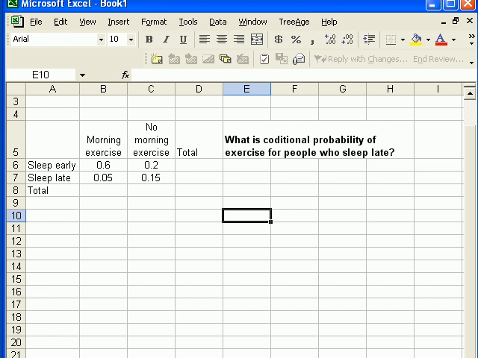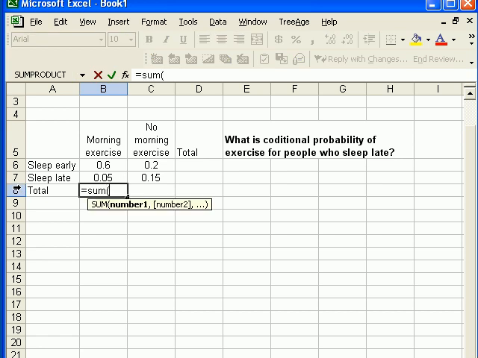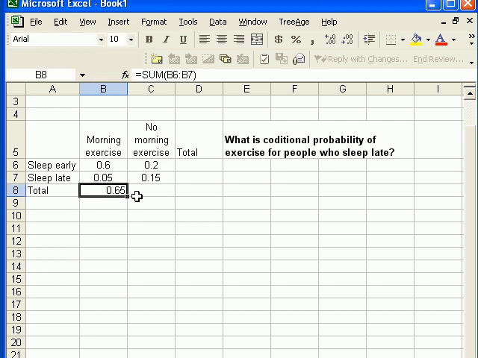The question asks: what is the conditional probability of exercise for people who sleep late? The first step is to calculate the totals for each row and column. I'm doing so now as a sum of the probabilities.